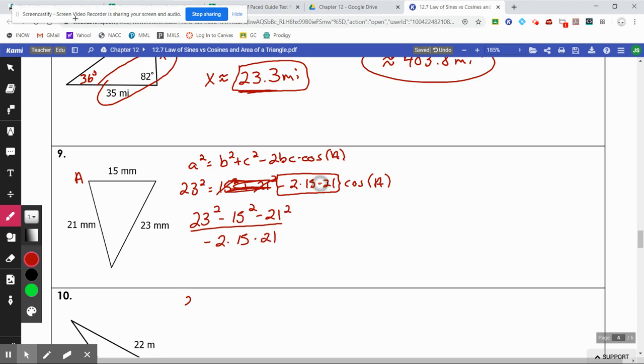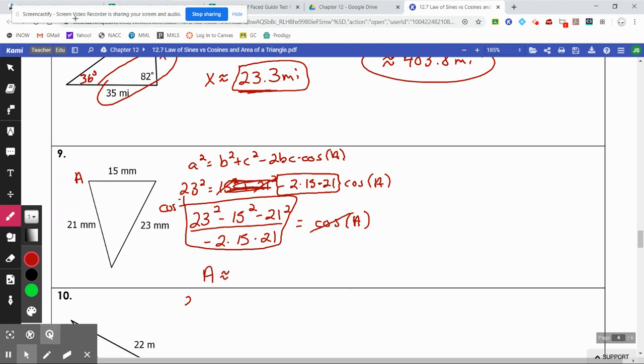That will equal the cosine of A. Once you get all this typed into your calculator, once again, you will do the inverse cosine of that to move the cosine over, and that would tell you the value of angle A. 77 point, and I'm going to put 3 decimals here just to make our answer a little bit more exact this time, about 77.440 degrees.